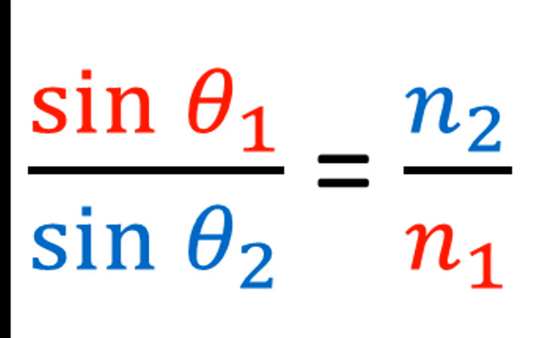Notice with the angles, we have 1 at the top, but with the media, we have 1 at the bottom. So just get that right. The ratio of the sines of the angles is equal to the inverse of the ratio of the refractive indices of the media. Sine theta 1 over sine theta 2 equals n2 over n1.